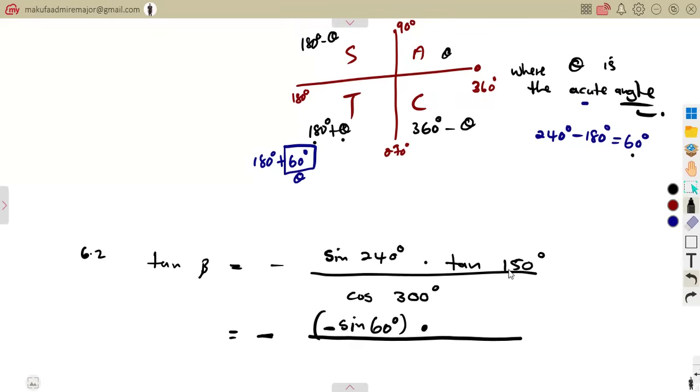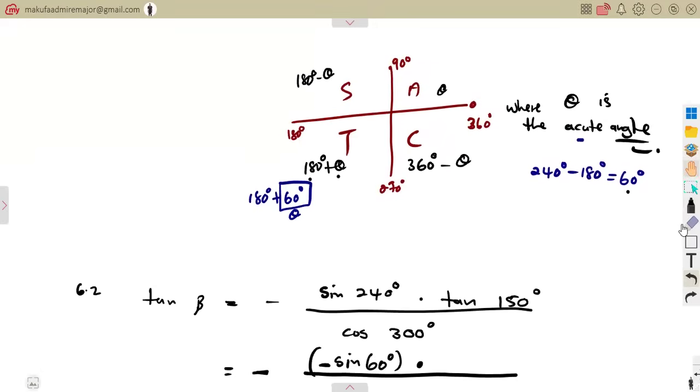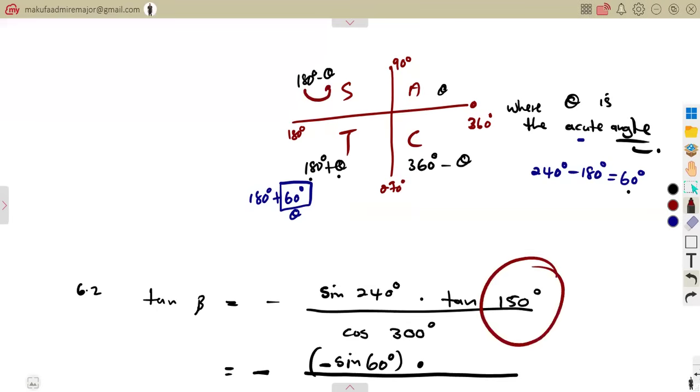Times tan 150. 150 degrees lies within which quadrant? 90 to 180. It was supposed to be 180 minus theta, which is the acute angle. So 150 from the difference of 180 gives us what? 180 minus 150, there's a difference of 30 degrees.